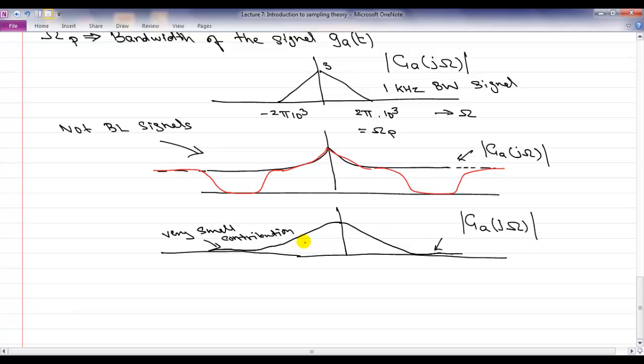So in the real world, we don't have perfect band limited signals, but we have signals that we can say are approximately band limited. About this is the range, you will say this is the effective bandwidth of the signal.